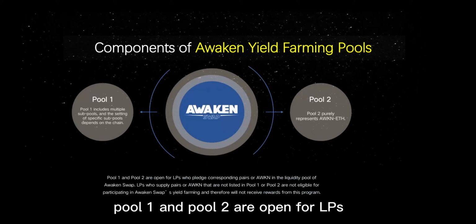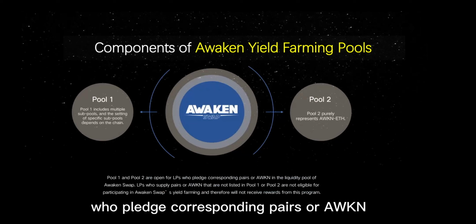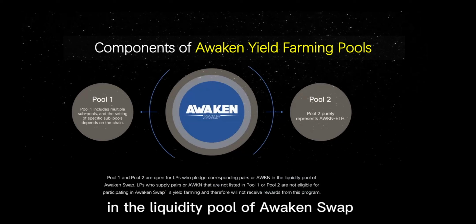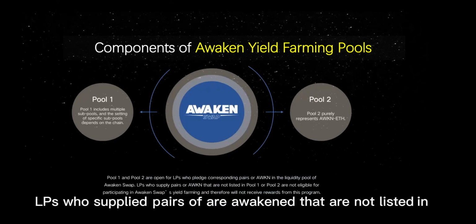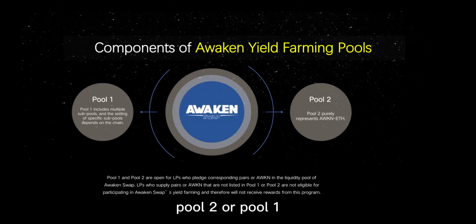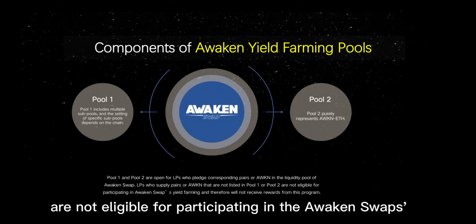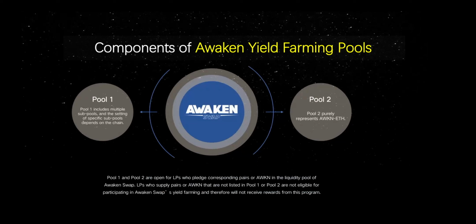Pool 1 and Pool 2 are open for LPs who pledge corresponding pairs or Awaken in the liquidity pool of AwakenSwap. LPs who supply pairs of tokens or Awaken that are not listed in Pool 2 or Pool 1 are not eligible for participating in AwakenSwap's yield farming, and therefore will not receive rewards from this program.